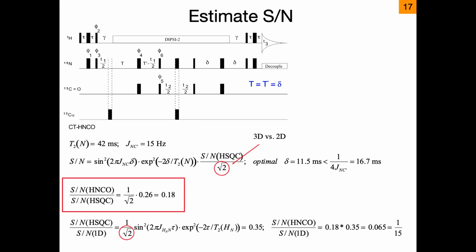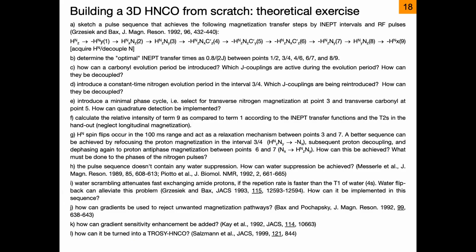Now, we have this exercise that was originally part of the EMBO course. There was a theoretical EMBO course where you go step by step to make the whole pulse sequence according to the product operator that you want to have.